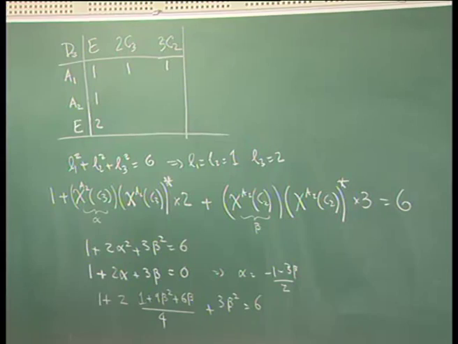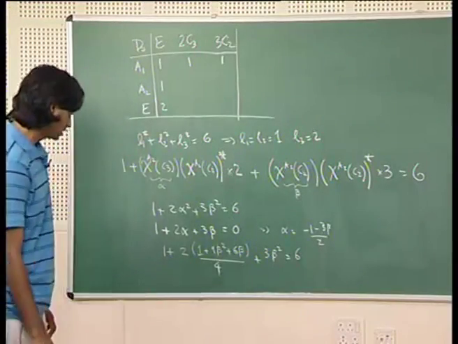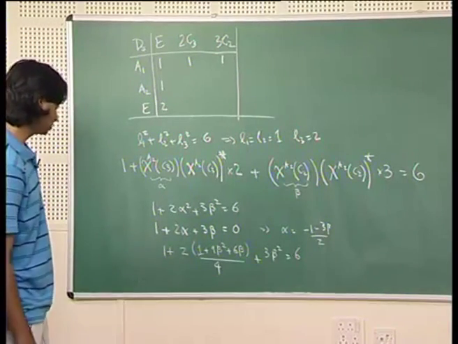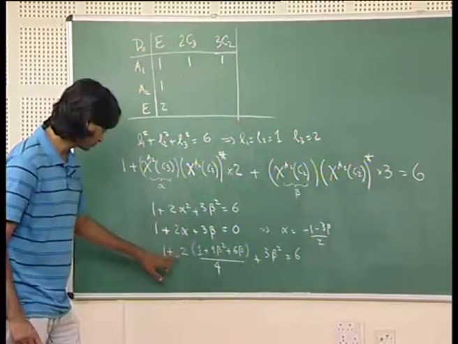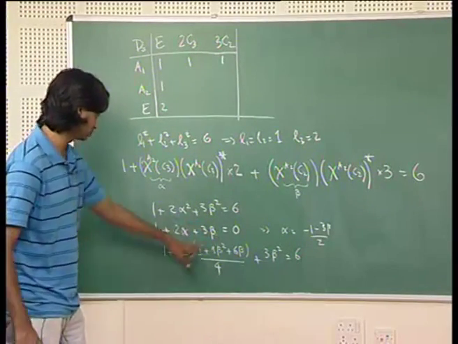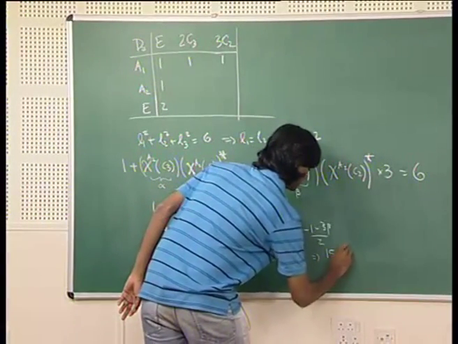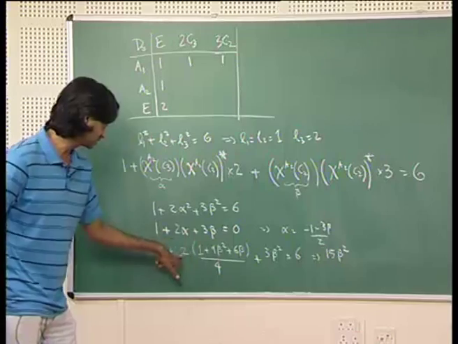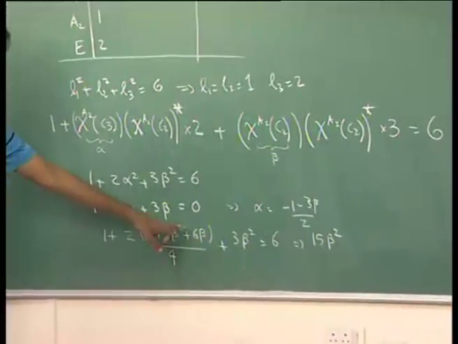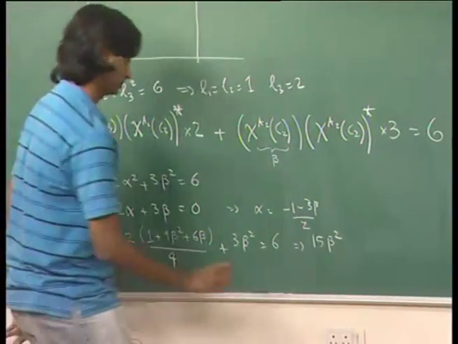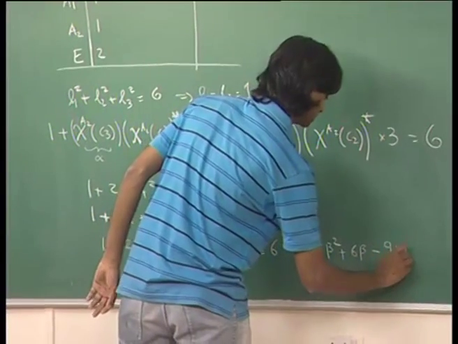Okay. Now if you rewrite this, what you will find is the following. What I will do is multiply this by 2. So, I get 9 plus 6, 15 beta square. Okay. So, the beta square term will be 9 plus 3 times 2 is 6, 15 beta square, and then you have 6 beta plus 6 beta minus 9 equal to 0.